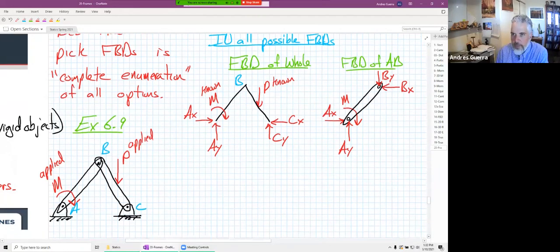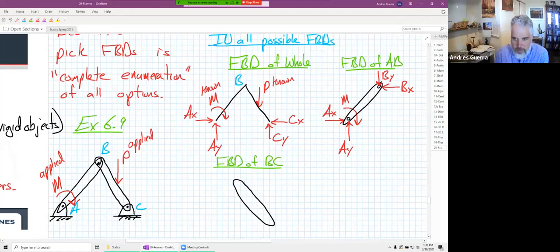Okay, let's go ahead and draw our last FBD here, and that's going to be an FBD of B to C. Now B to C is this rigid object here.